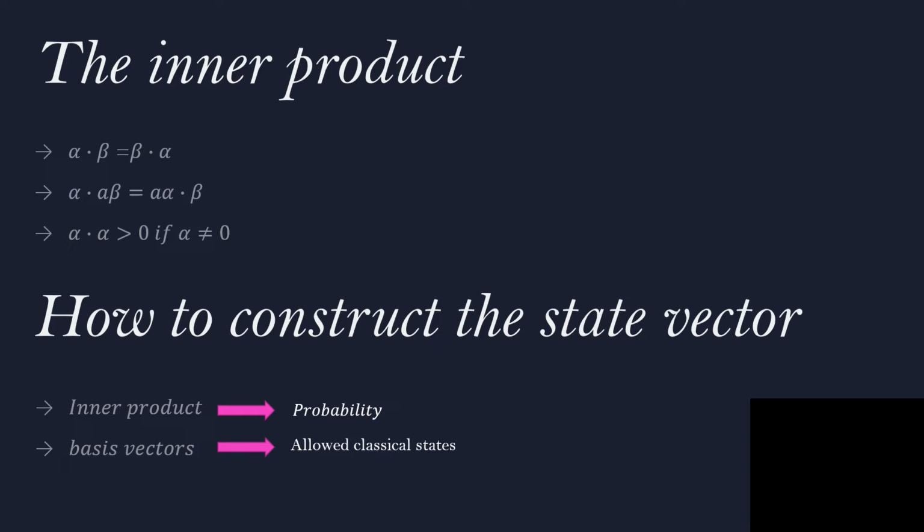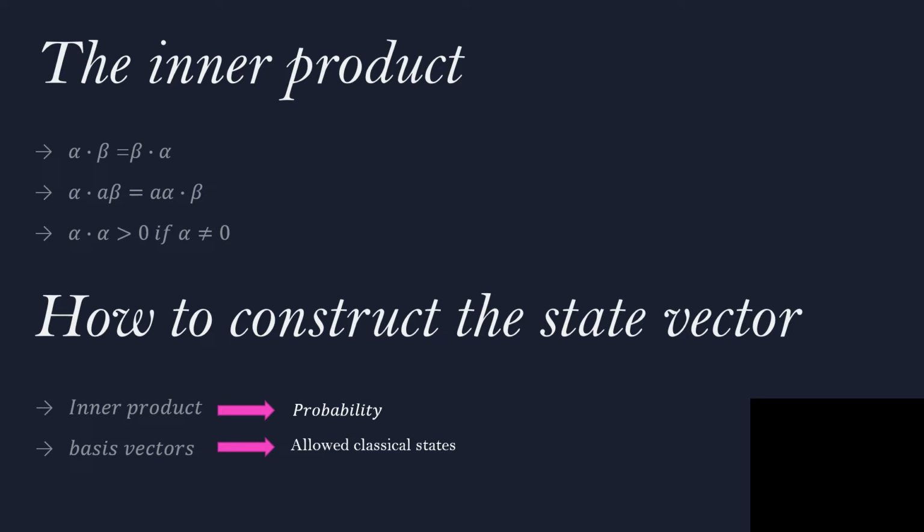There are cases where you're talking about how much one state overlaps with another, and if those two states are different, then they might have different vectors, in which case the inner product between them can be 0, but the inner product of a state vector with itself is always bigger than 0 in physically significant cases.